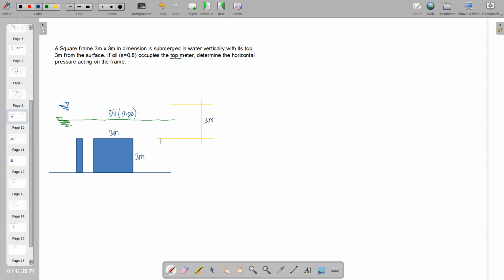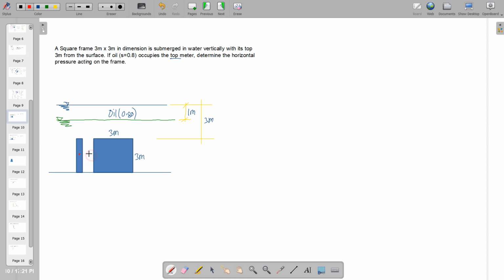So this is oil of specific gravity 0.8, and this has a head of 1 meter. Our task here is to determine the horizontal pressure acting on the frame.